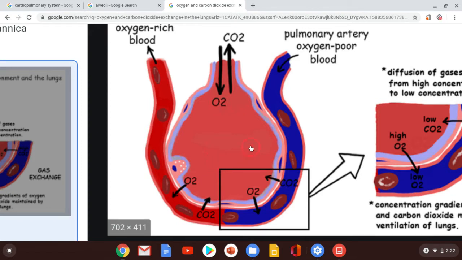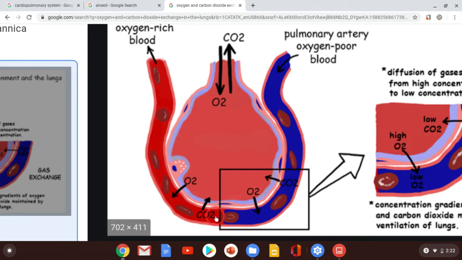But in the alveoli, this area over here, when we inhale, it's full of oxygen. So oxygen is going to go from the alveoli through the capillary wall into the bloodstream, into the capillary. So now this blood becomes red because that signifies oxygenated blood, because oxygen, as we know, binds hemoglobin, which carries the oxygen.